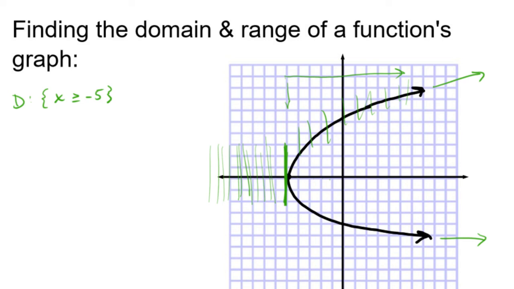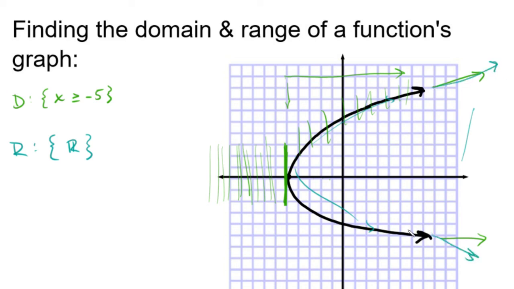Then your range is all of the y values, just all of them. So all real numbers. And the reason for this is because the simplest thing to think about is the graph goes up forever and down forever. It's as simple as that. There's no gaps. This is continuing in an upward trend and this is continuing in a downward trend.